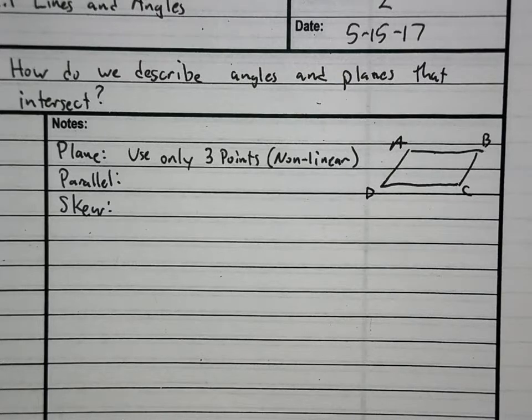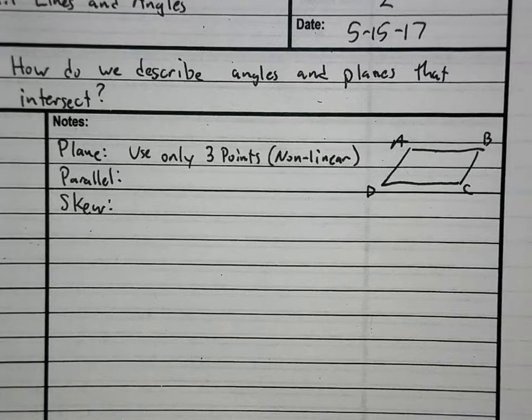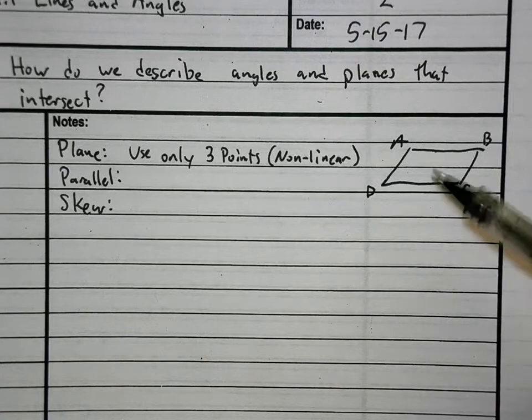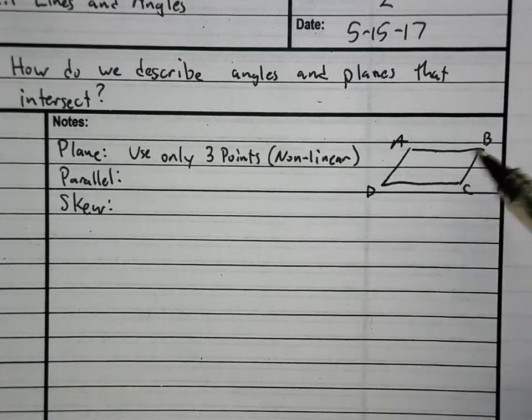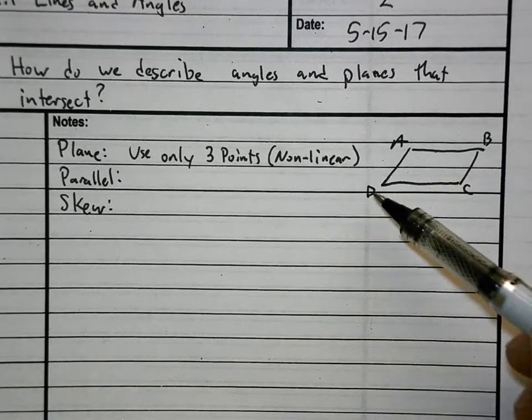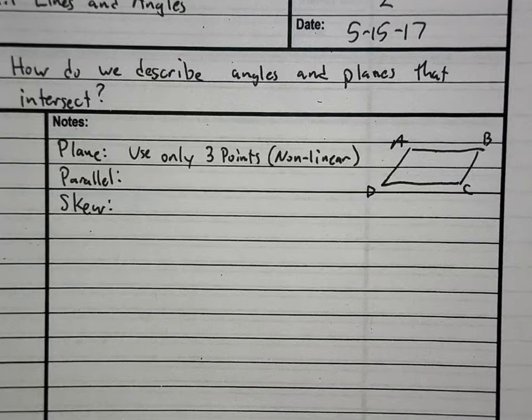You don't write all 4 letters when you're writing out what plane it is. You can pick any 3 letters that you want to, as long as they are non-linear, as long as those 3 points are not on the same line. So I could use ABC. I could use CAD. Or, if I want to, I can even use plane DAB.